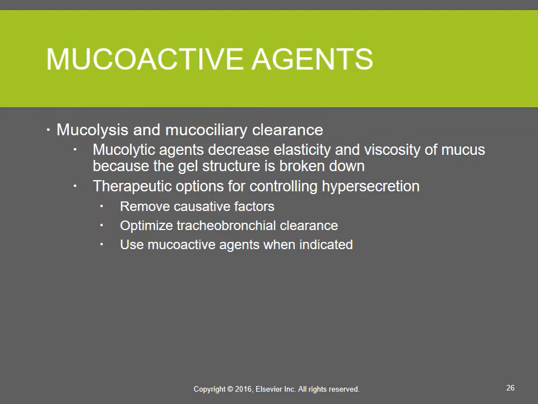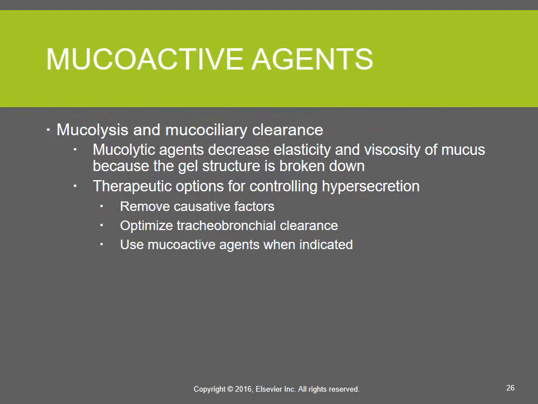Because elasticity is crucial for mucociliary transport, mucolytics have the potential for a negative effect on normal physiologic mucus clearance. Reduction of mucus gel to a more liquid state may facilitate aspiration of secretions with the use of suction catheters.